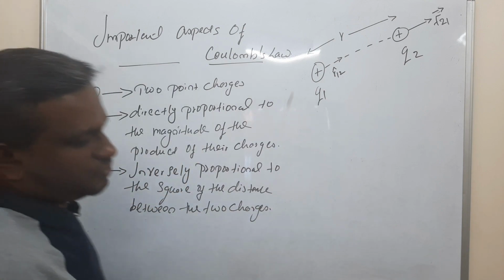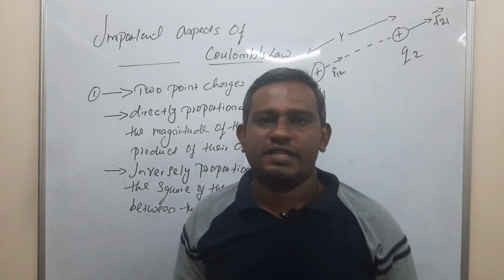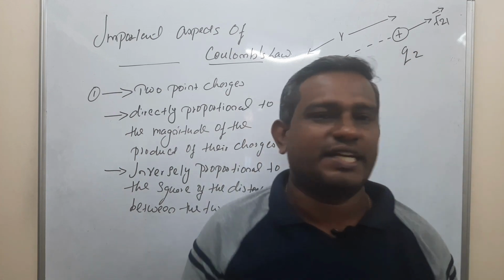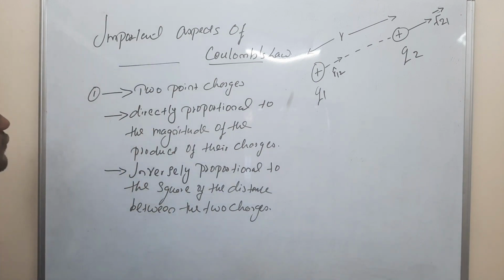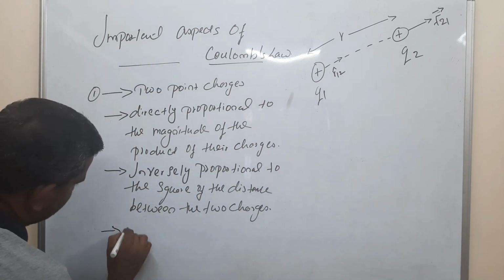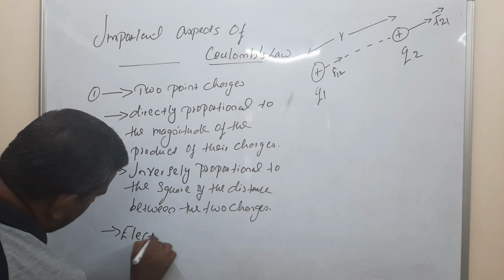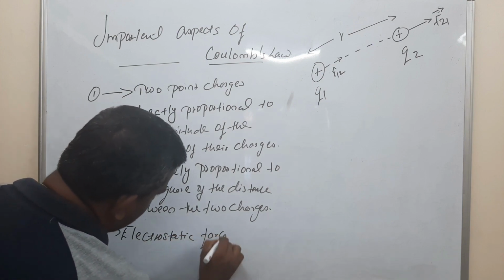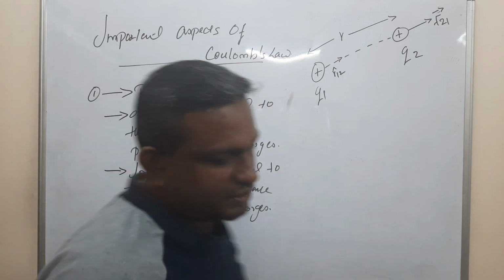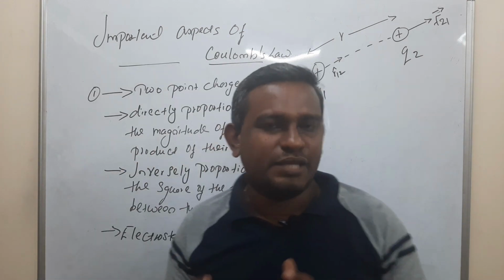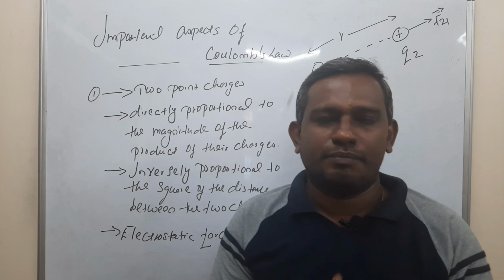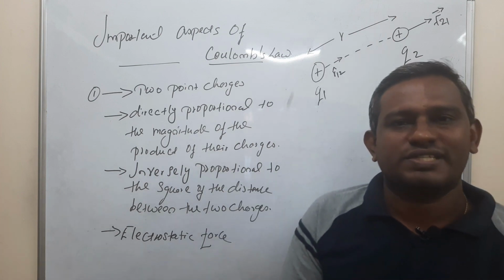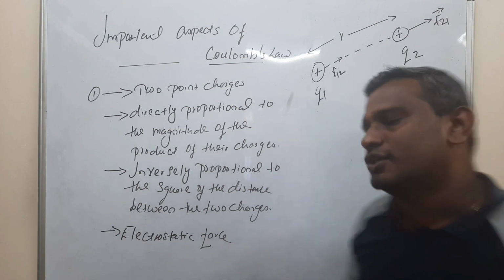Okay, so Coulomb's law states the force between the two point charges, the electrostatic force. So what is the nature of the force between the two charges? That is the electrostatic force. So the electrostatic force between the two point charges is directly proportional to the magnitude of the product of the two charges and inversely proportional to the square of the distance between the two charges.